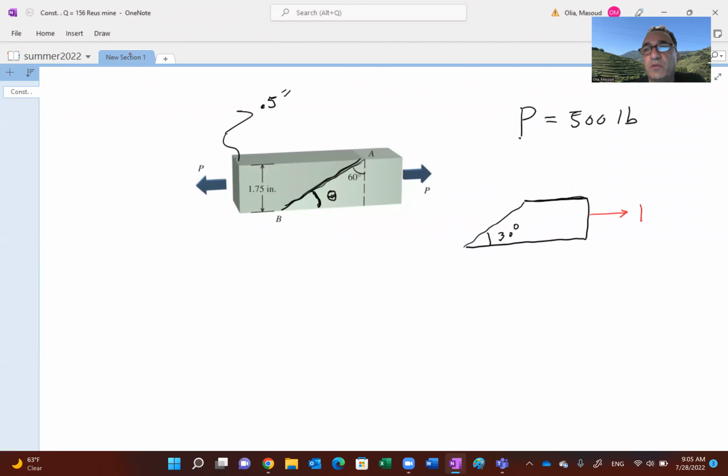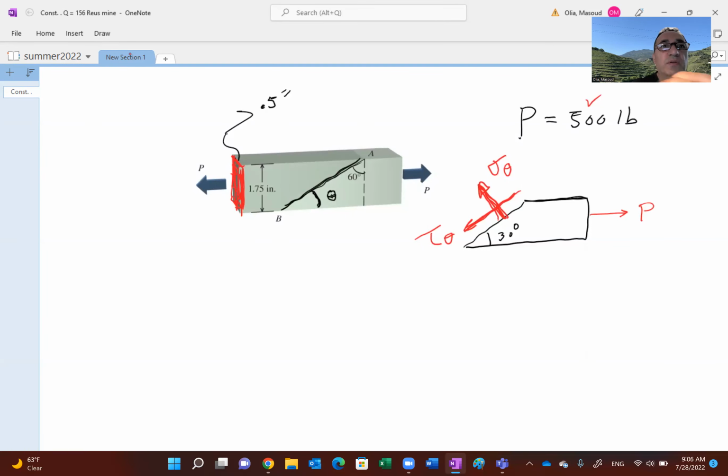Our objective is to find the stresses developed here due to this load, the applied load of 500 pounds. We want to know sigma sub theta and tau sub theta. The area we are talking about is this cross-sectional area, 0.5 by 1.75.